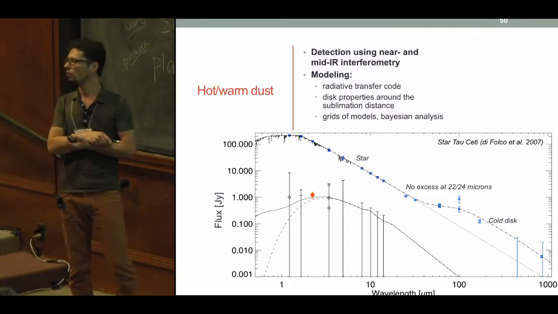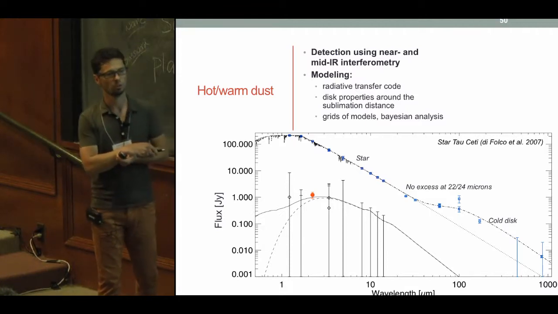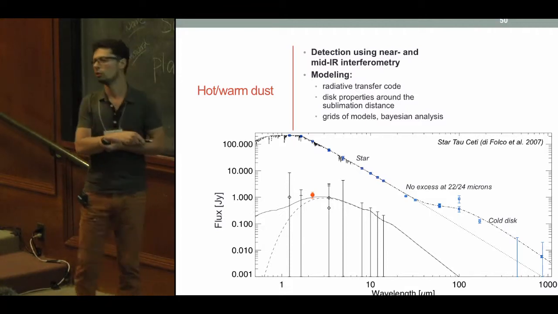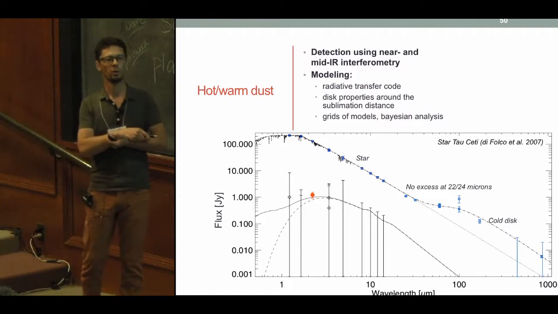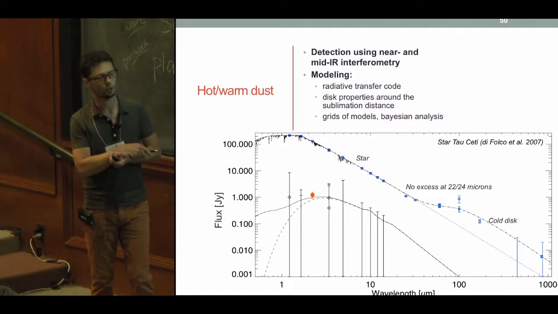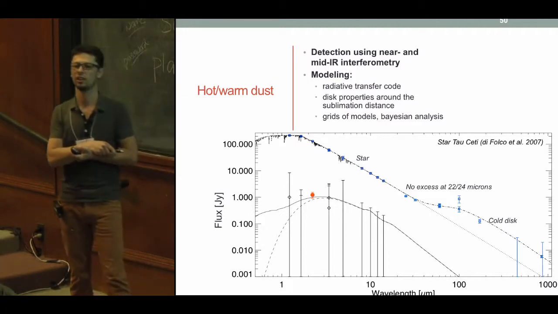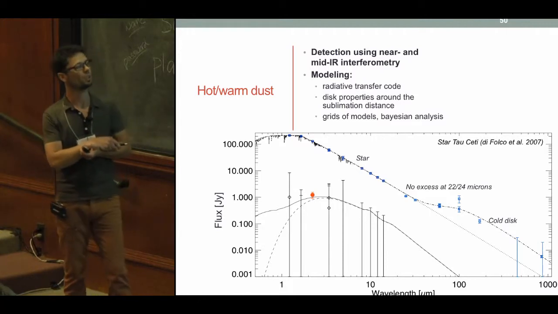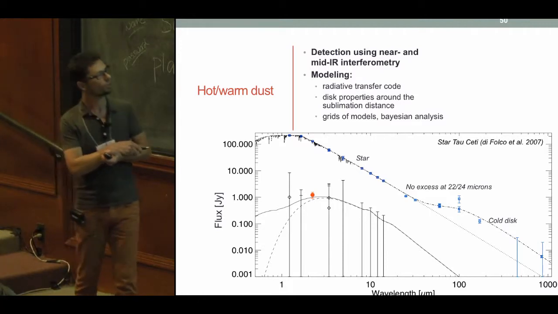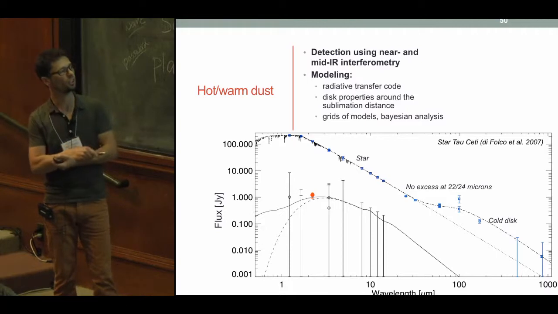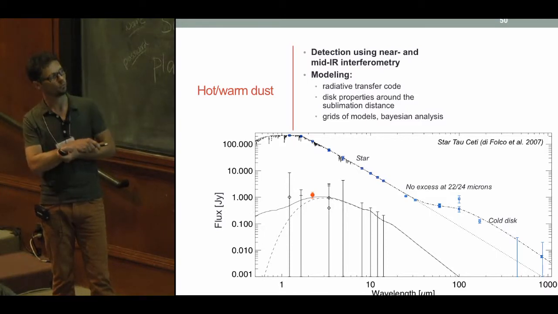So the trick here is to make your grains carbon rich, mostly, which is really cool because carbon sublimates at higher temperatures than silicates, which means you can get them even closer to the star than silicate grains and make your system even hotter.